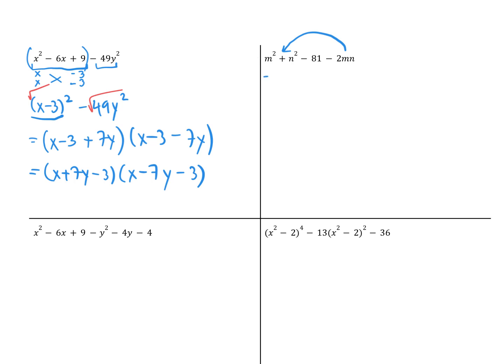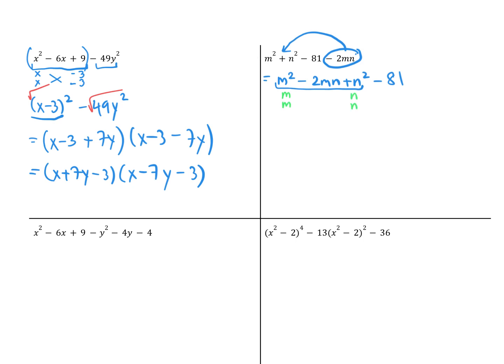So before I do any grouping, I'm going to try rearranging. And notice when I rearrange, I am not changing any of the signs. The 2mn had a negative in front of it. That negative came with it. I didn't change it. I just moved it somewhere else on the same side. And now I'm going to look at this pair and see if I could do crisscross. Well, m times m is m squared.